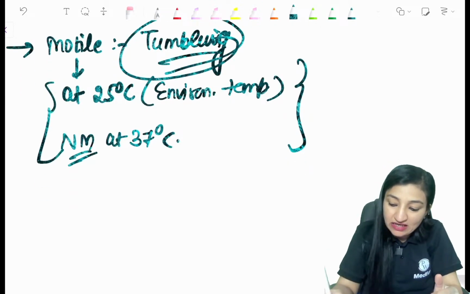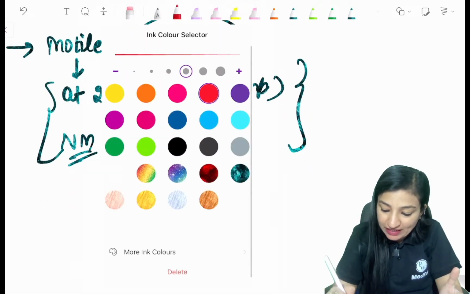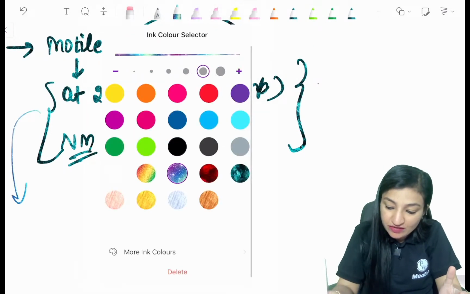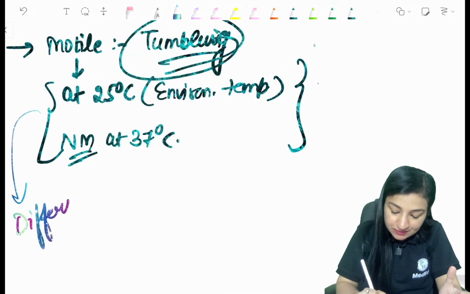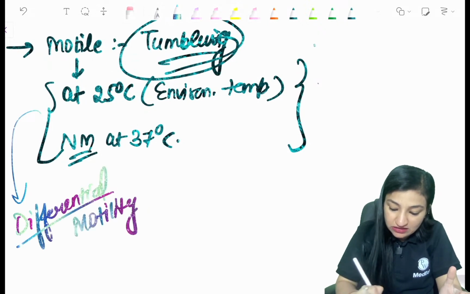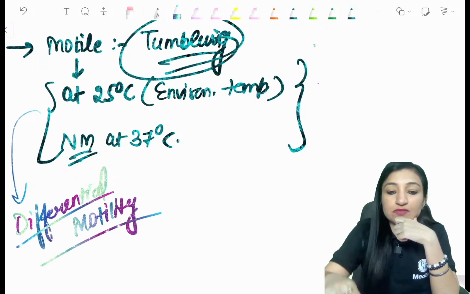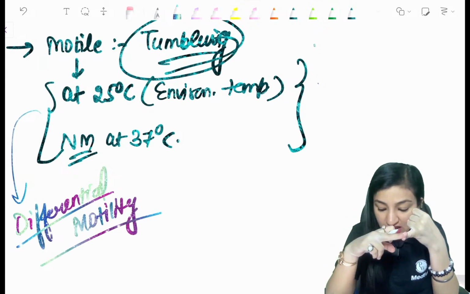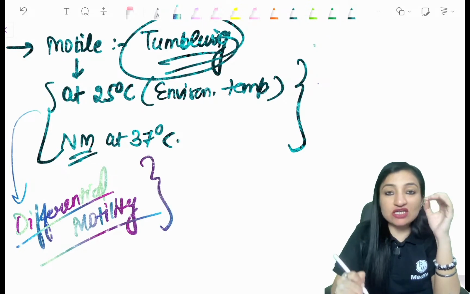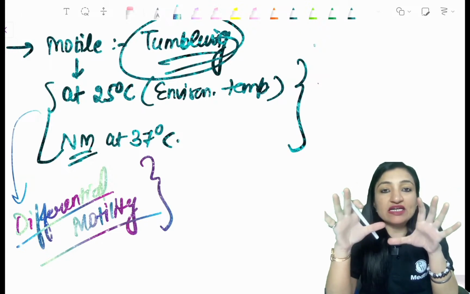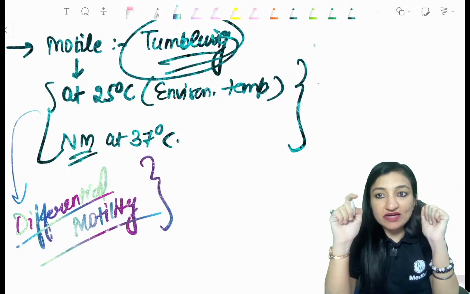By the way, before that, please remember what kind of behavior this is. This is referred to as differential motility. So far in this session, I have mentioned differential stain, and now I'm mentioning differential motility. That is, the behavior of the organism as far as motility is concerned is going to be different at two different temperatures.